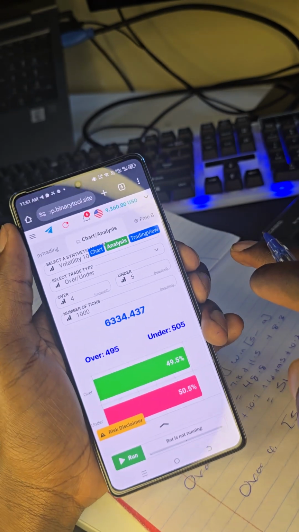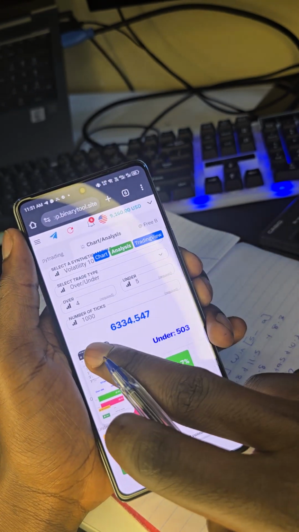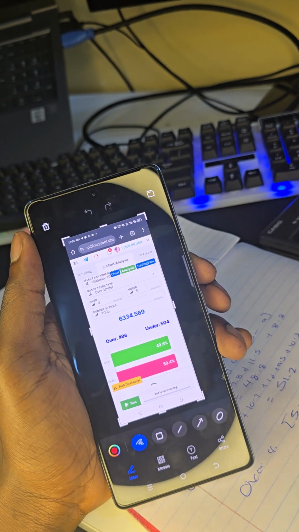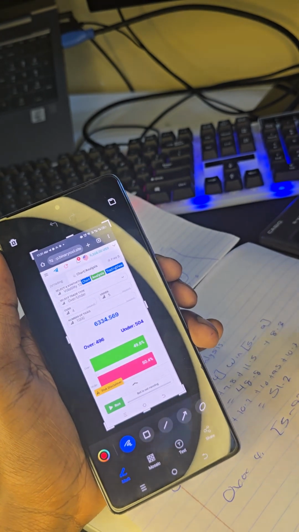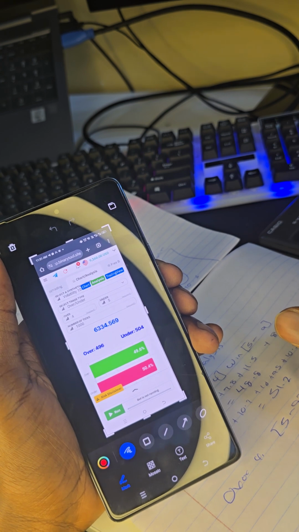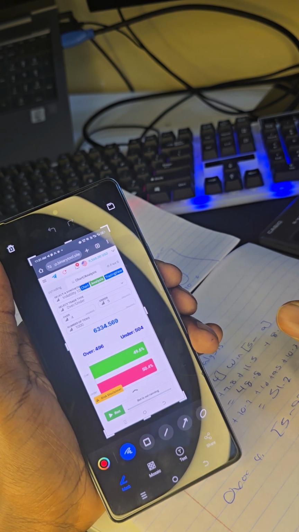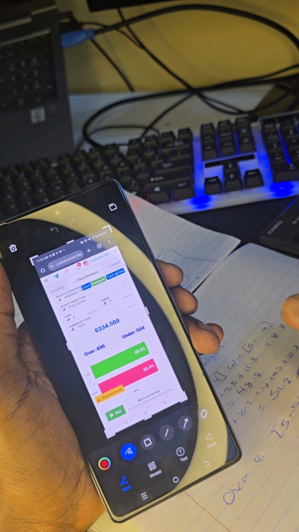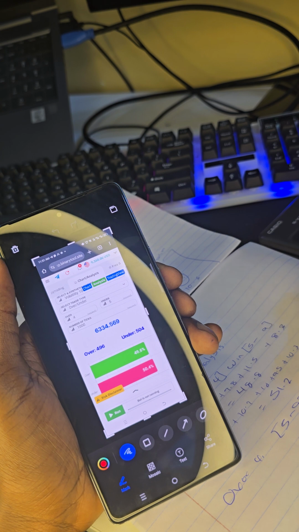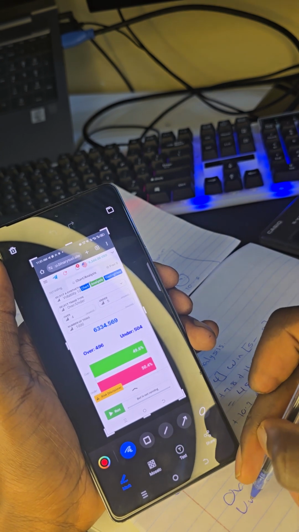Let me screenshot so that we can analyze this one. So in the last 1000 ticks, the digits that are above over 4, which means that is 5, 6, 7 and 8 and 9, tunaambiwa ni 496.